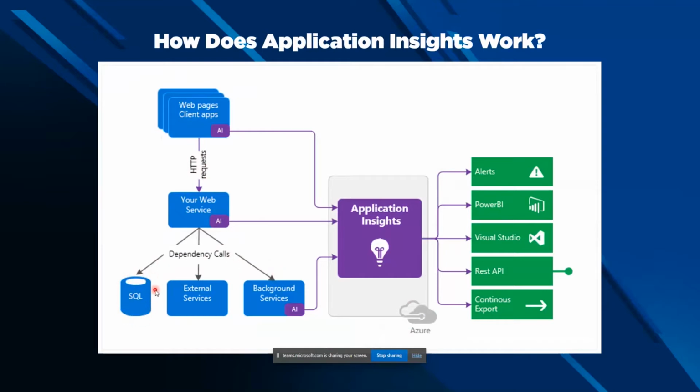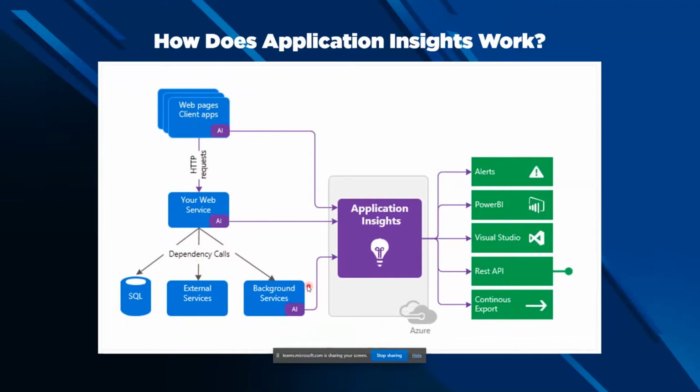It can track connections to SQL servers, see how long it takes, what queries were run, etc. Any external services you have. So if you're calling out to an API that you don't own, it could at least see those calls, how long it takes, and the time it takes for it to come back, and any exceptions.